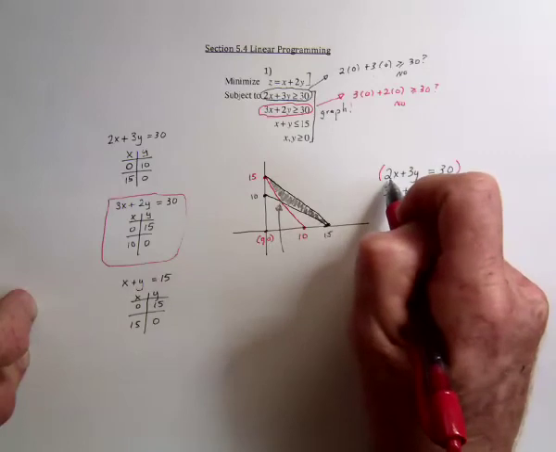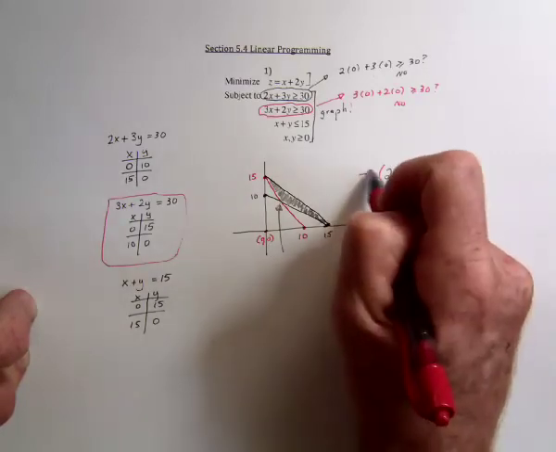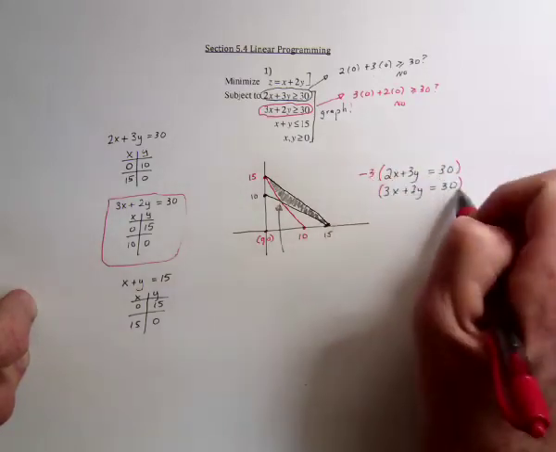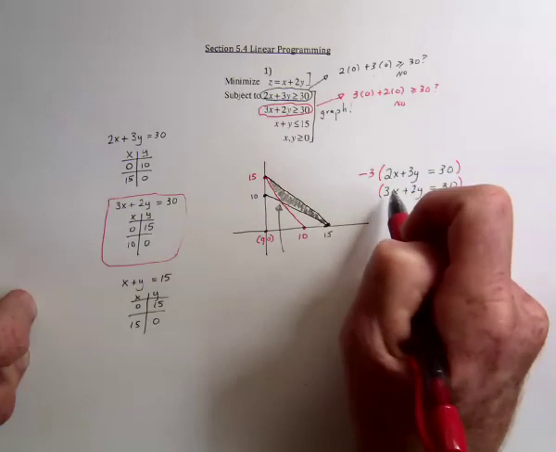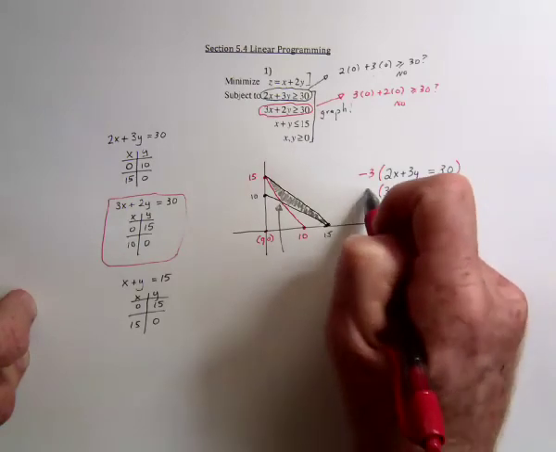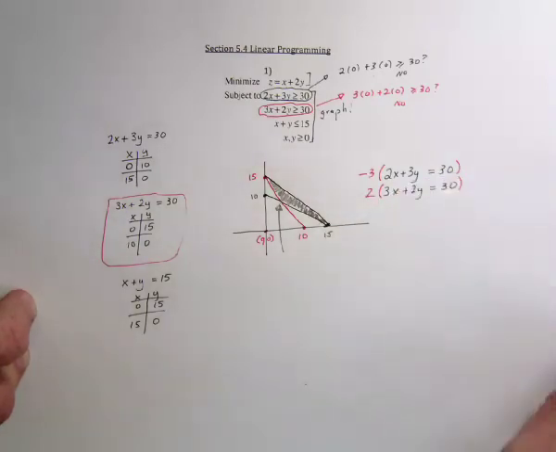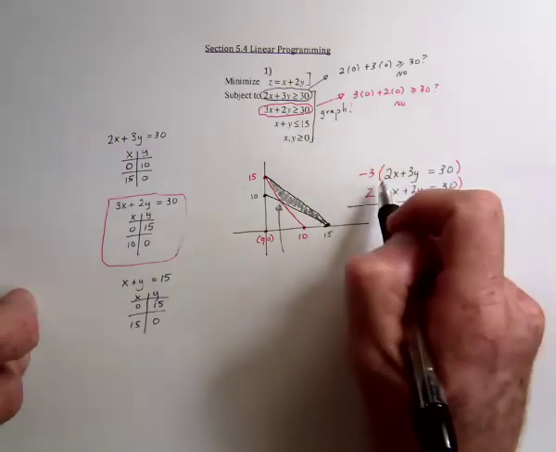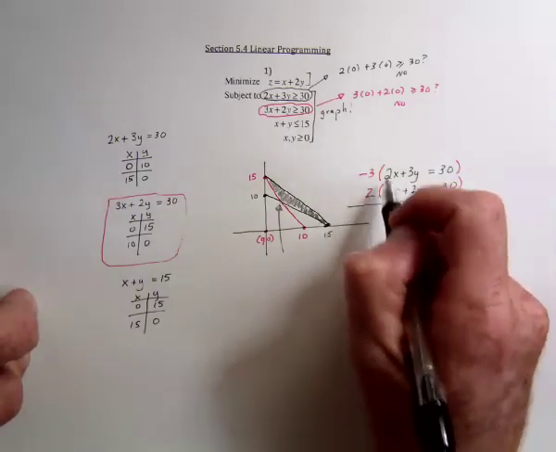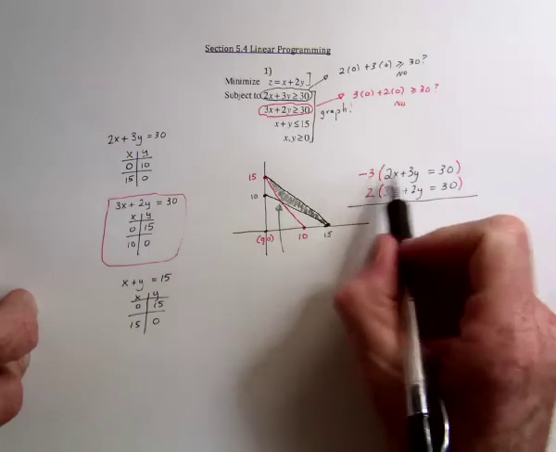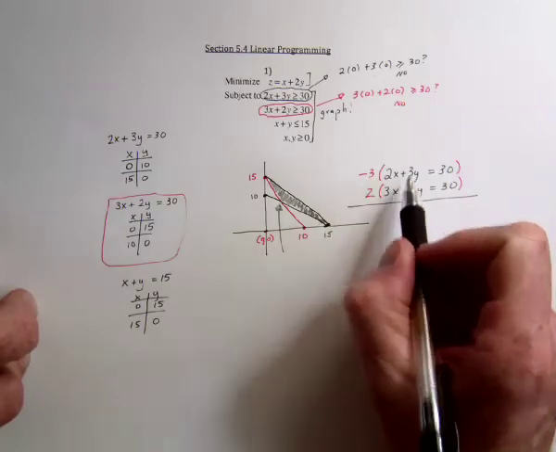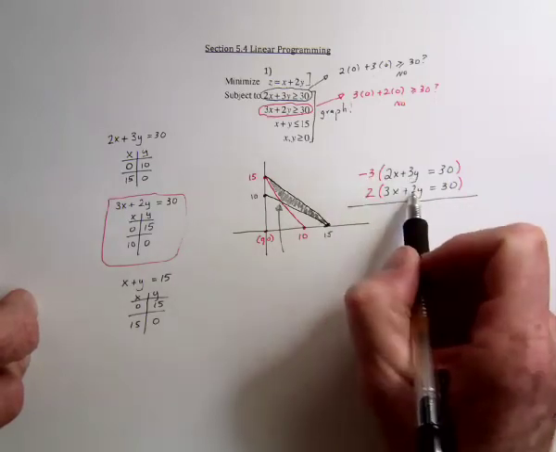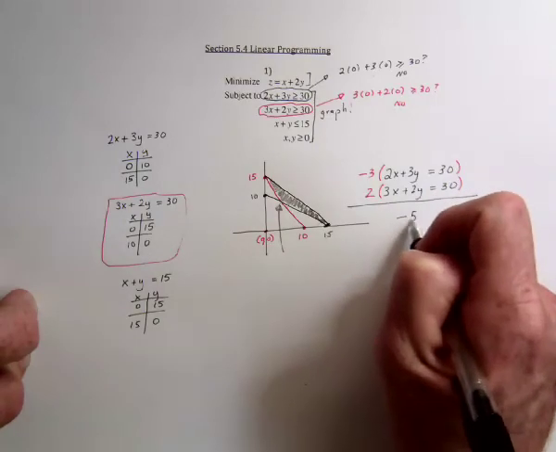So this needs to become a negative 6x, so multiply by negative 3. And this one needs to become a positive 6x, so multiply by a positive 2. So this is negative 6x, positive 6x, they cancel. Then distribute this as negative 9y, and positive 4y is negative 5y.